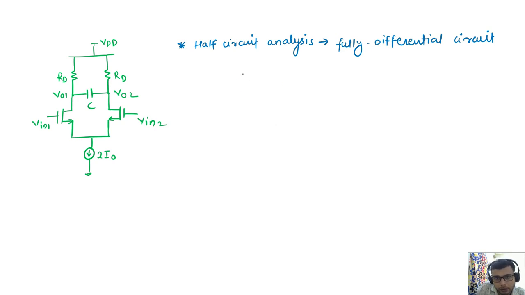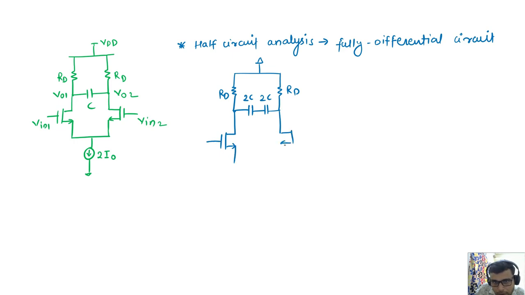So what can we do initially for this small signal analysis? This RD circuit can be simply written as 2C in series, and the midpoint can be a virtual short. We will see this. So for AC analysis, this point is a virtual short. Why it is a virtual short, I think every one of you knows.